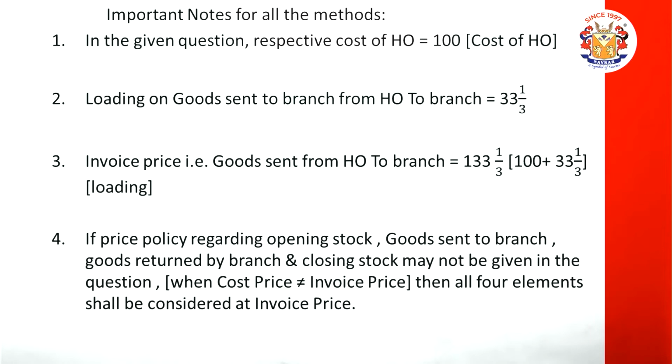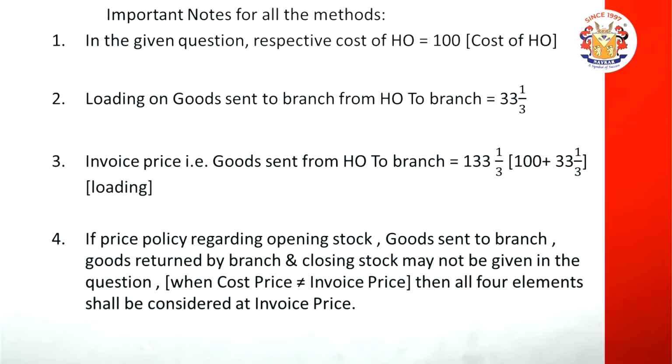Next one. Check the solution. Important notes for all the methods. This is a common note for the purpose of debtors method, final accounts method, and stock and debtors method. I told you that we will assume respective cost of head office equals 100. Loading on goods sent to branch from HO to branch is 33.33.